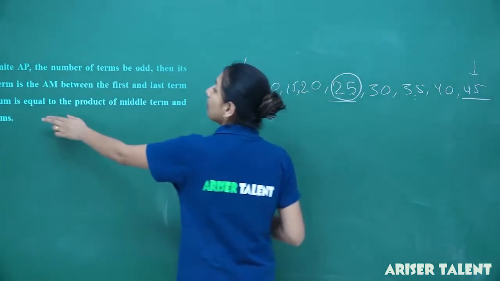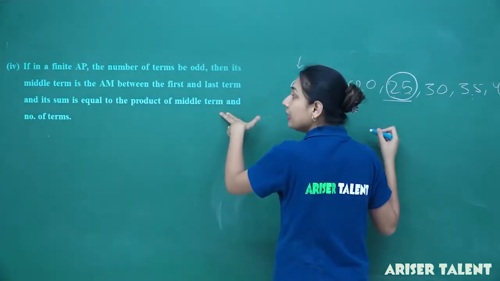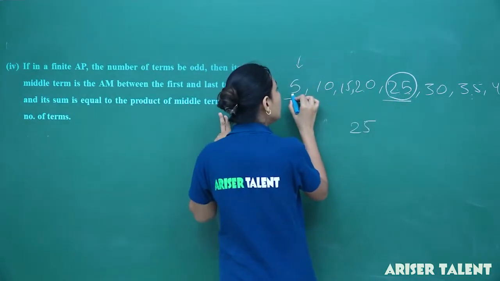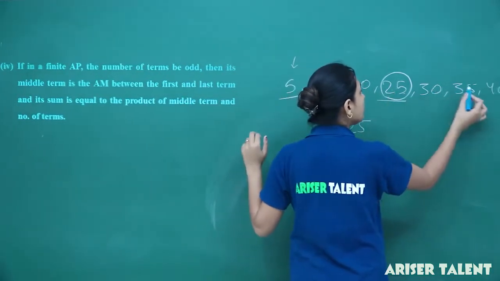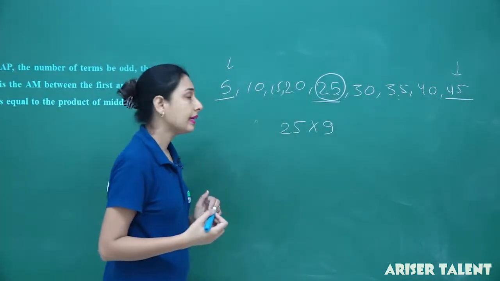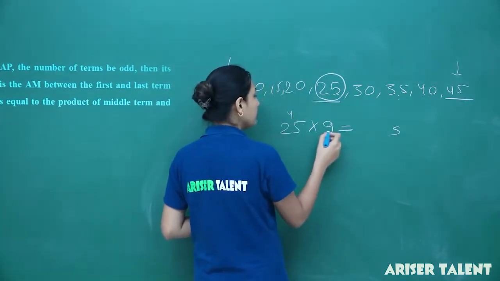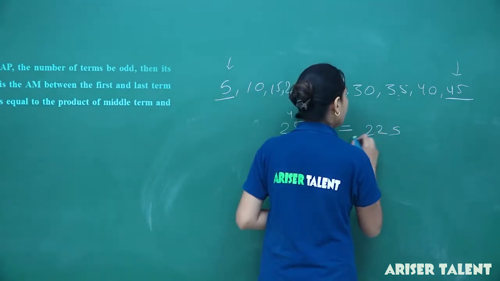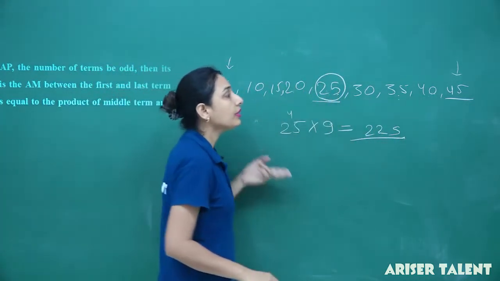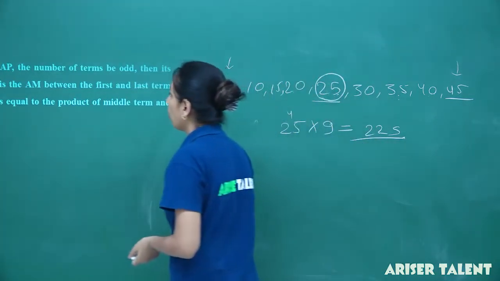Now its sum is equal to the product of the middle term and the number of terms. The middle term is 25 and the number of terms is 1, 2, 3, 4, 5, 6, 7, 8, 9, so it is 9, right students? That gives 225. So this progression's sum is 225.